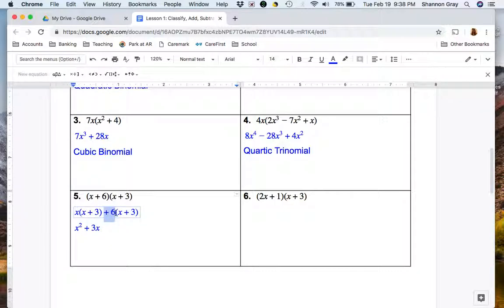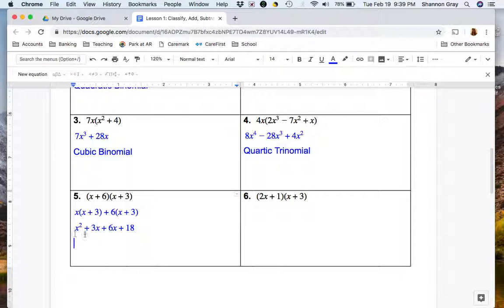I'm distributing x and then plus 6, which is from this first binomial right here. I'm distributing that to x plus 3, so that was just my bad with a typo. So x times x is x squared, x times 3 is 3x, so now we're on to the second set. 6 times x is 6x, and 6 times 3 is 18.